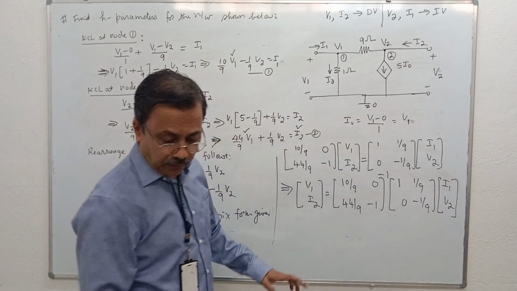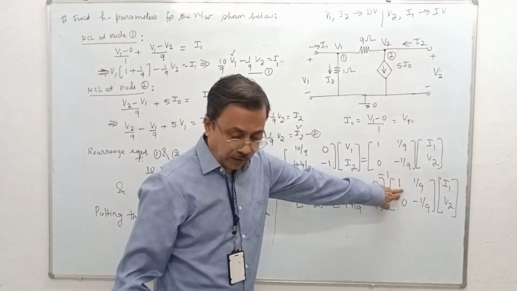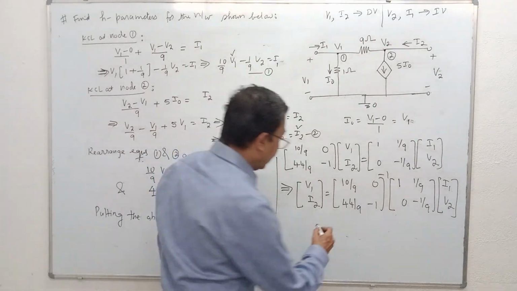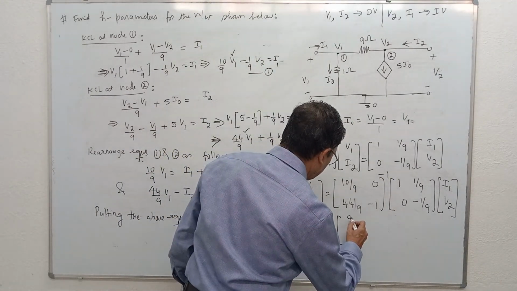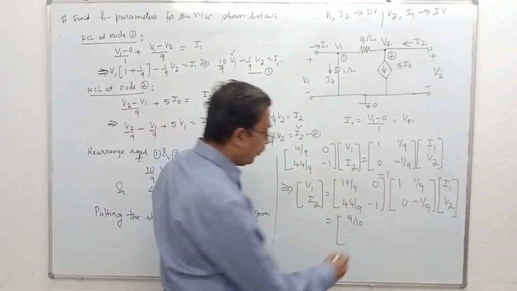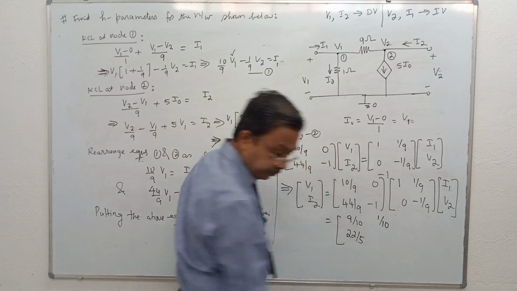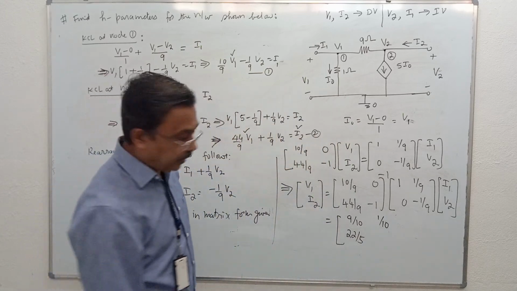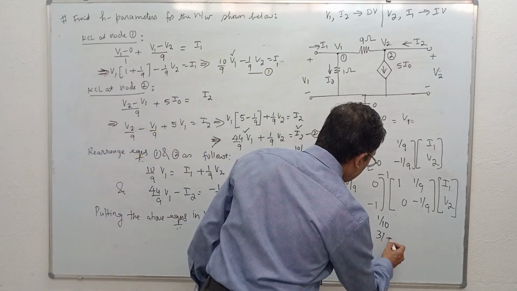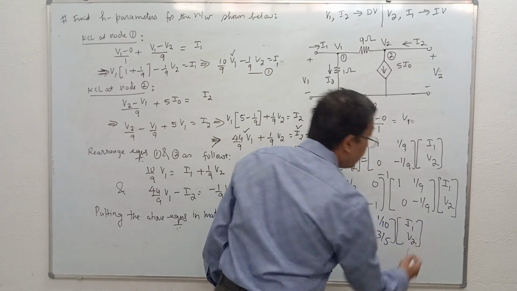Using calculator, find the inverse of this matrix and multiply by this square matrix. The result I will write: 9 by 10 is the first element. Next element is 1 by 10. Then we have 22 by 5 and 3 by 5. These are the four elements multiplied by the column matrix I1 V2.